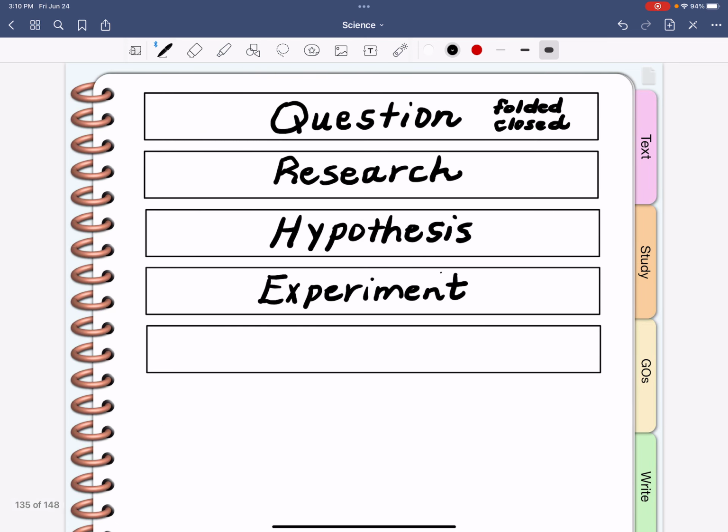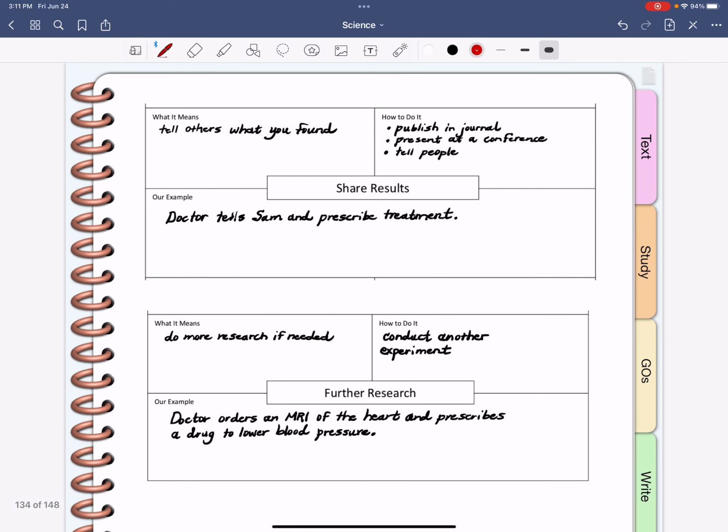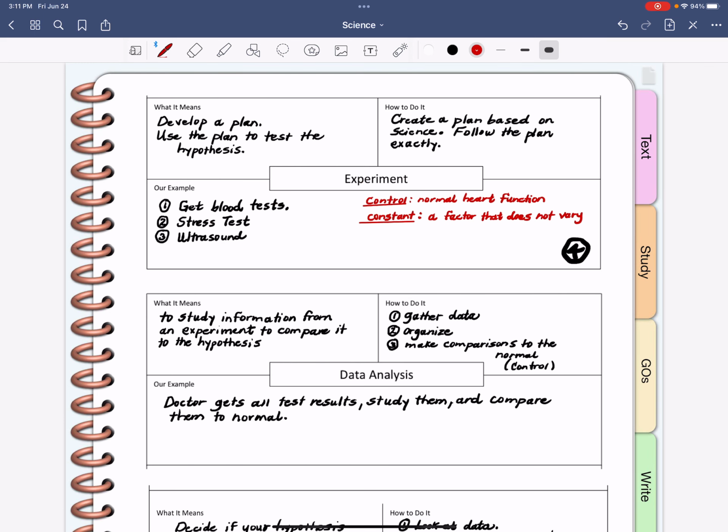So what's the next one? What's the piece that comes after experiment? Once you collect your data, you have to analyze. So data analysis. And while I'm thinking about it, let's go back to that card. That's number 5.